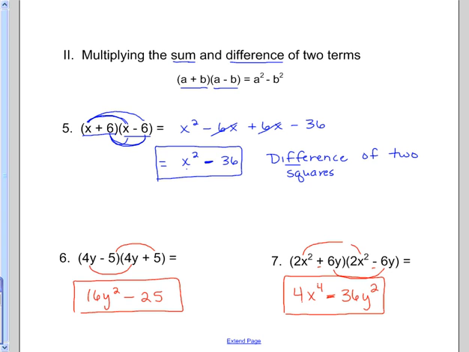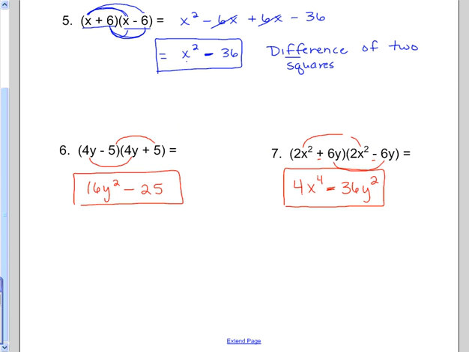So this is a shortcut that you can use if you choose. It is the same procedure as multiplying using the FOIL method. Let's do one more problem with a fraction. And that is if we had x minus 1/3 times x plus 1/3. If I recognize one is subtraction, one is addition, but the terms are the same, then I can just do the first.